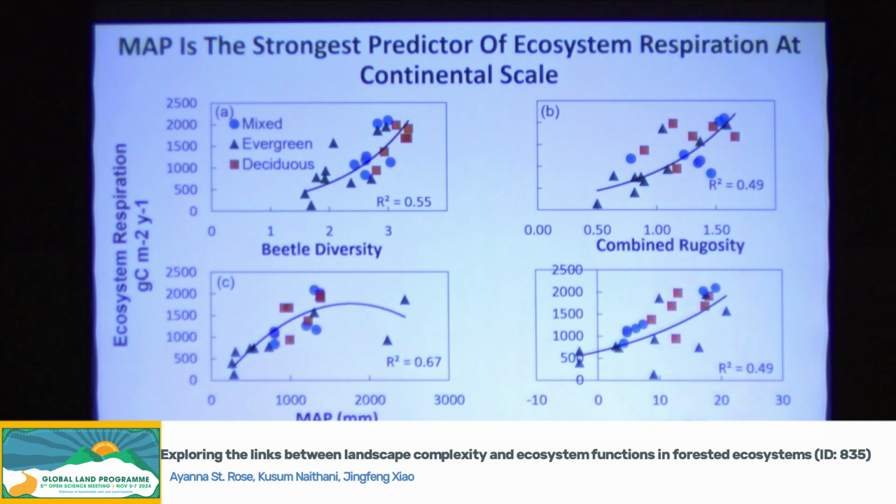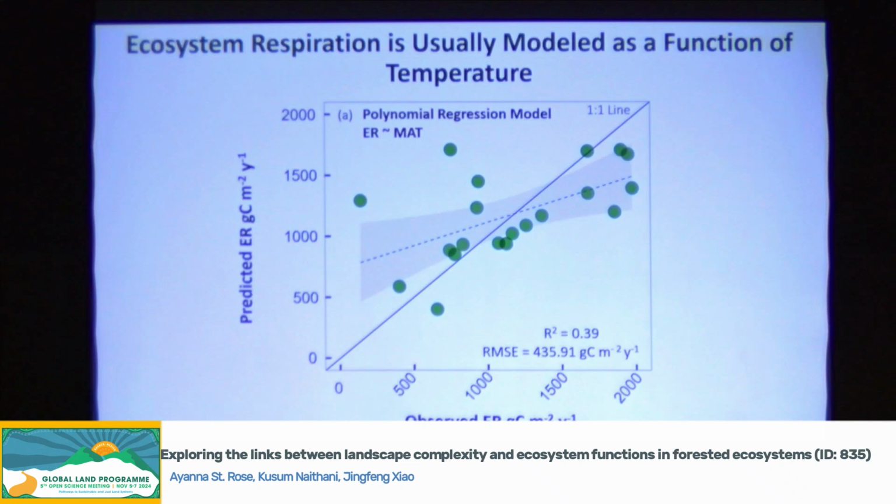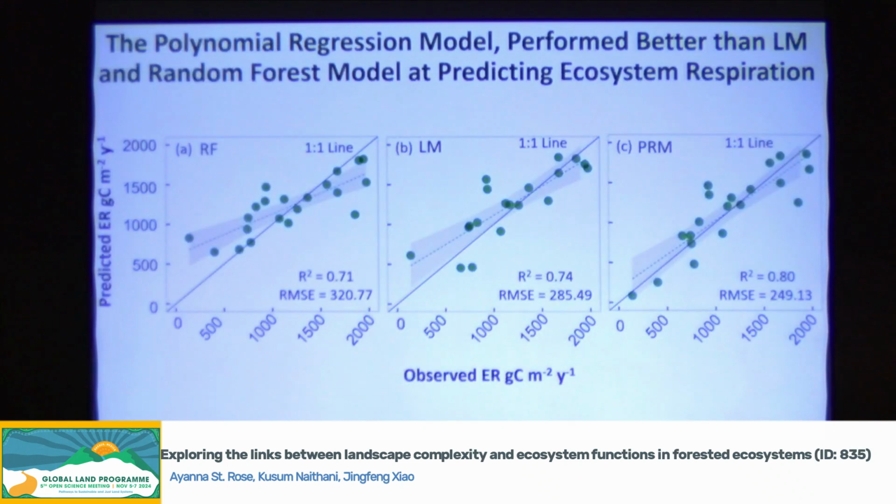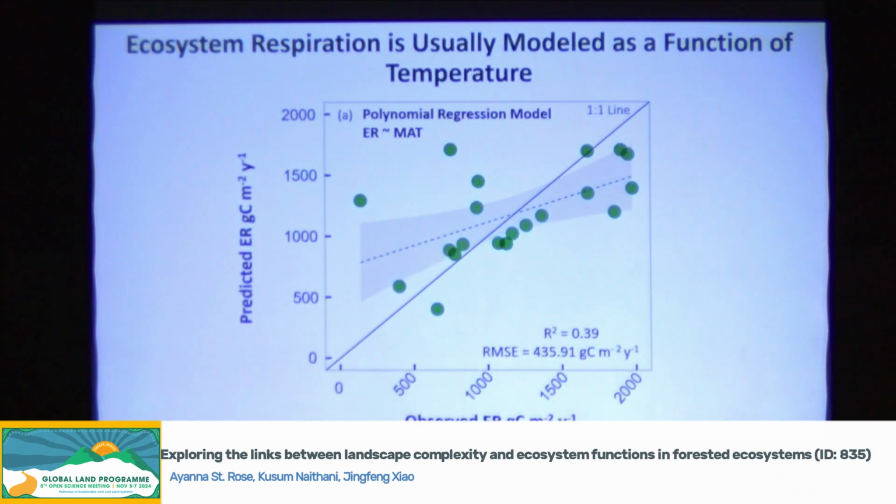But I'm going to focus a little bit on mean annual temperature, because usually ecosystem respiration is modeled as an exponential function of temperature. But we see that even when we used the best model, which was our polynomial regression model, mean annual temperature did not do the best job at predicting ecosystem respiration. And this is seen in the literature because it's very difficult to model ecosystem respiration.